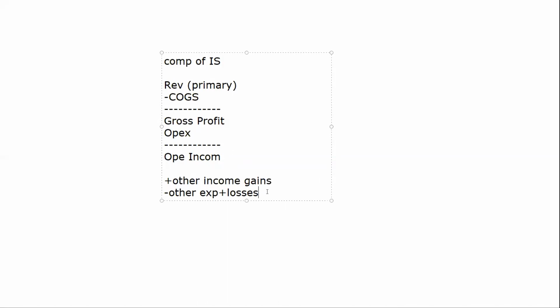And here is one difference between GAAP and IFRS. In GAAP, they say we should add something extraordinary, like extraordinary item expenses.